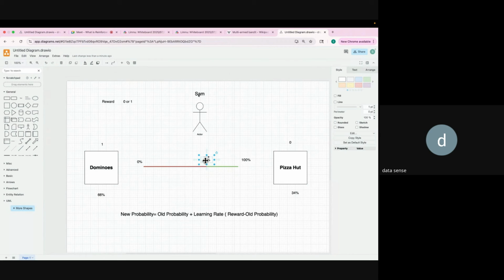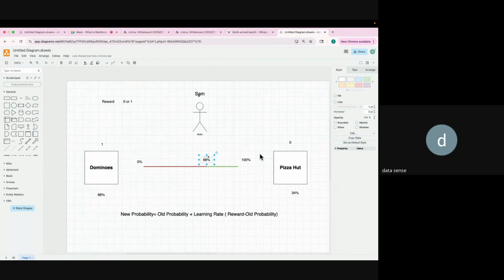It is neither increasing nor decreasing, and that will become your true value. So here you have explored as well as exploited. This is how reinforcement learning works, or this is also called Thompson sampling.